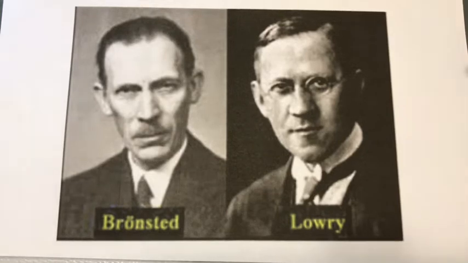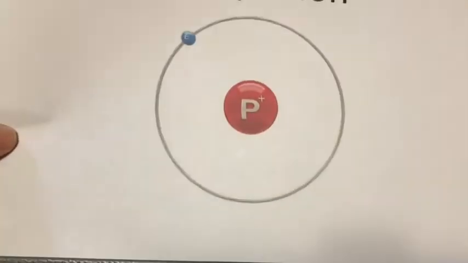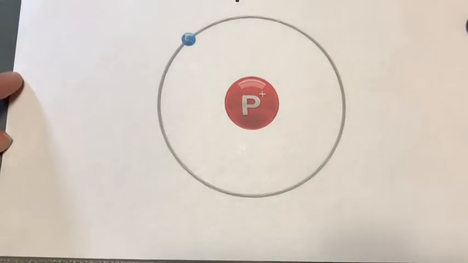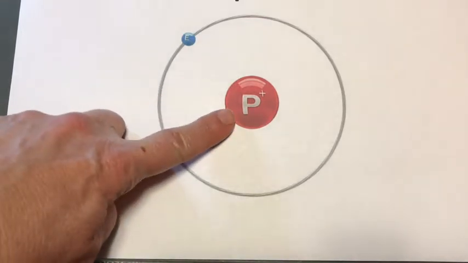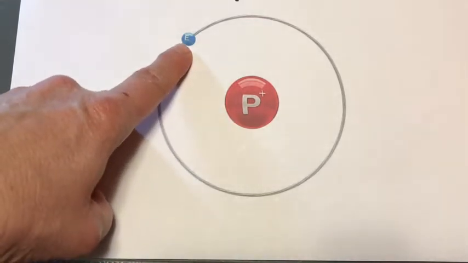So why are we talking about protons? We know that pH has something to do with acids and bases, and that pH has to do with the hydrogen ion concentration. Well, let's look at this here. This is the structure of a hydrogen atom. A hydrogen atom, you'll recall, has only one proton and one electron.